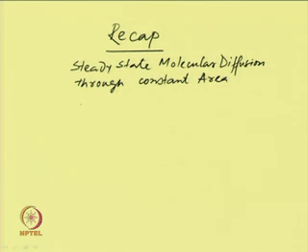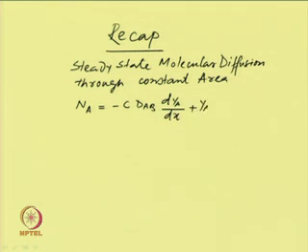Here we have seen, from the basic equation, that the flux of a component A is equal to minus C dAB dYA/dx in the x direction plus YA N, where N for a two component system is equal to Na plus Nb.